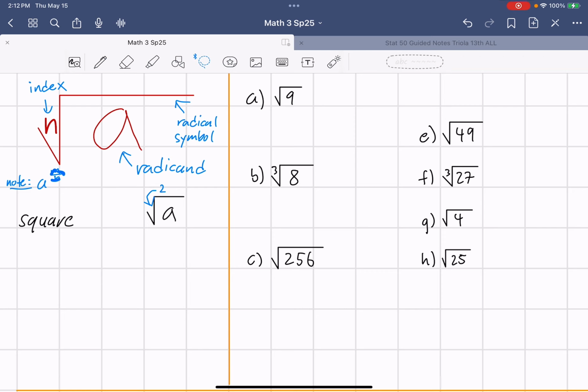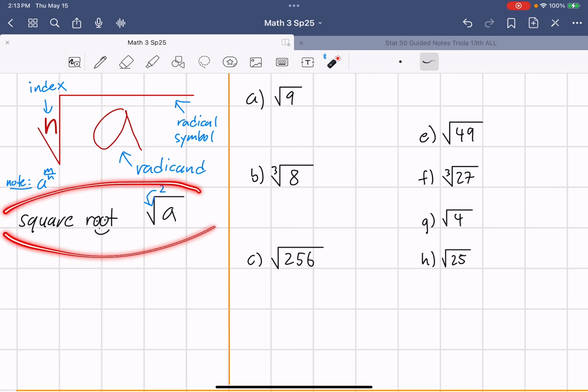This just means you have a fraction in your exponent. And the numerator of that fraction usually becomes a power of the radicand, and the denominator is that index. But we write it this way. So we have a square root to imply the radical.